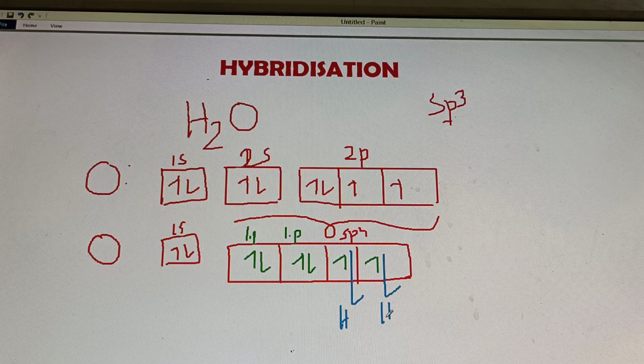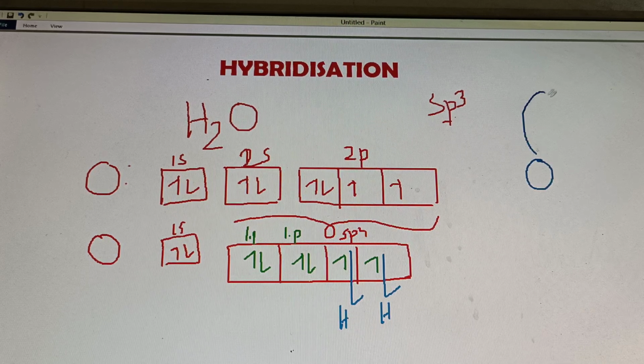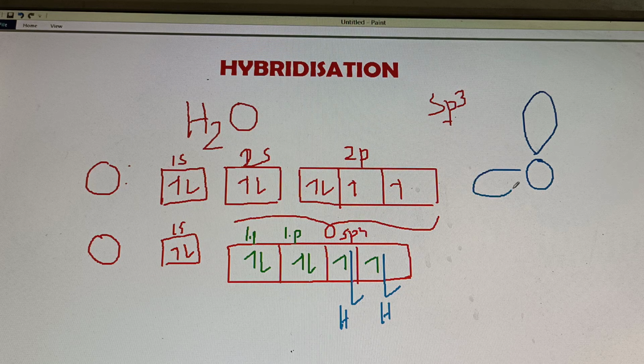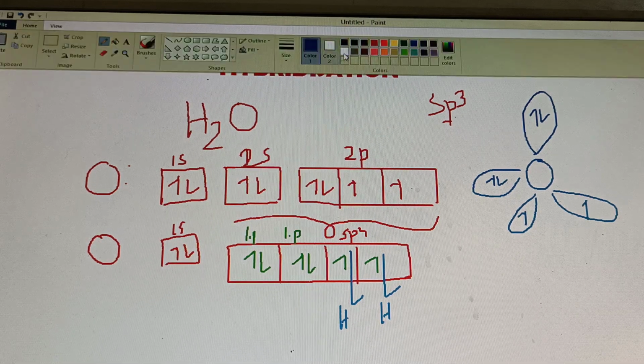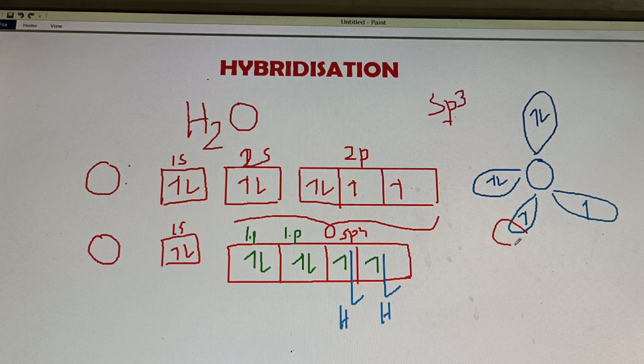So this is oxygen, with this one and this one as lone pairs, and this one and this one as unpaired, which will be paired by hydrogen.